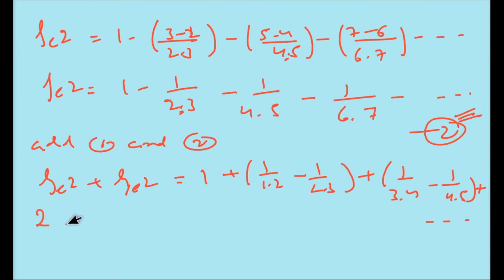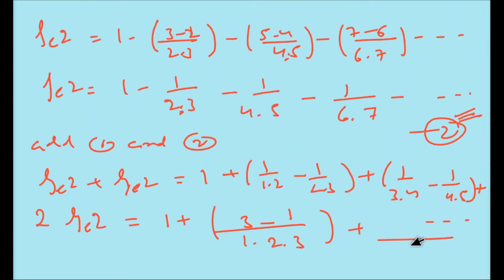Now you get 2 log e base 2 equal to 1 plus, taking LCM of 1, 2, 3, we got 3 minus 1, and here also we can take LCM 3, 4, 5, minus 3.